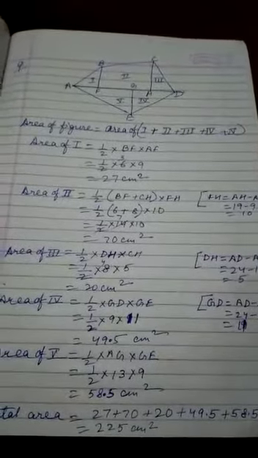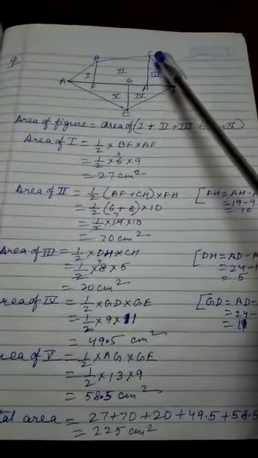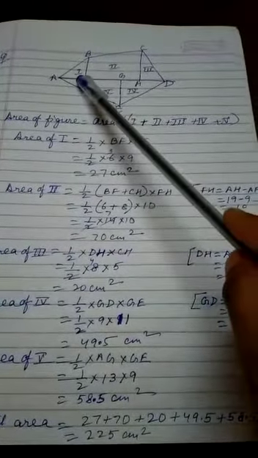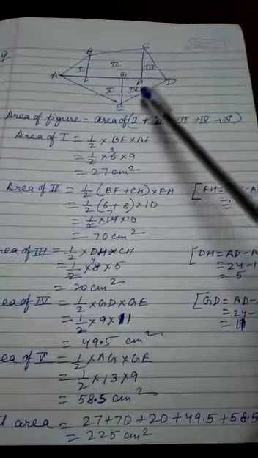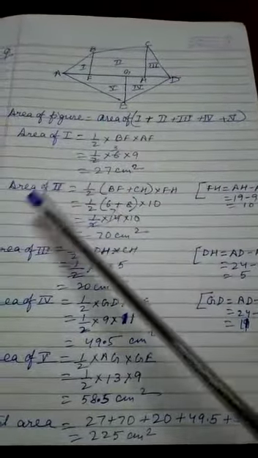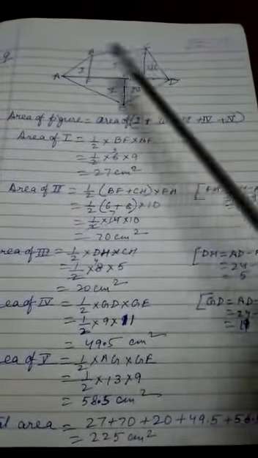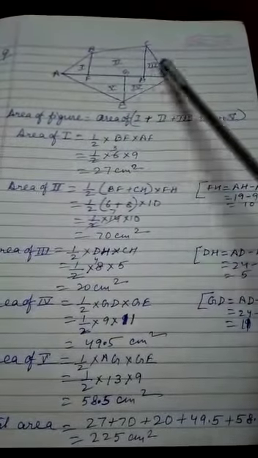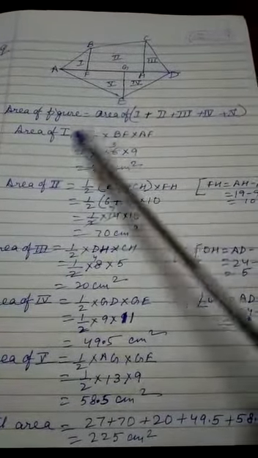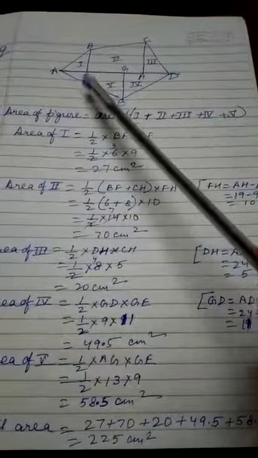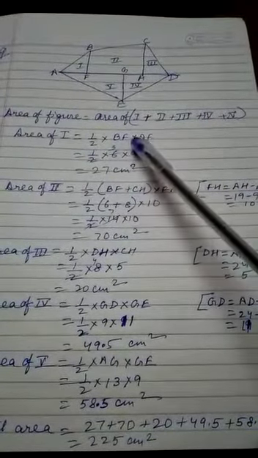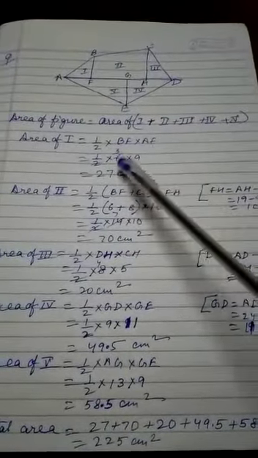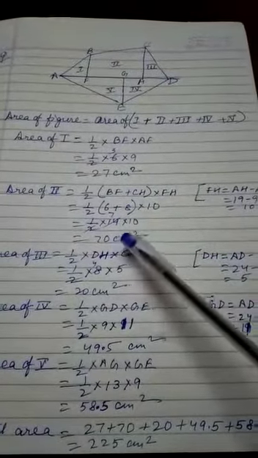Now let us do one sum related to the area of polygon. To get that, it's easy to divide it into areas 1, 2, 3, 4, 5 by that name. You do not have to write the name, or if you want, you can write the name of the triangle and trapezium. So area of the first one, as it is a triangle, is half into base into height. These base and height will be given in the question.